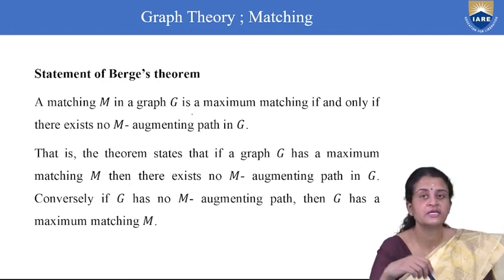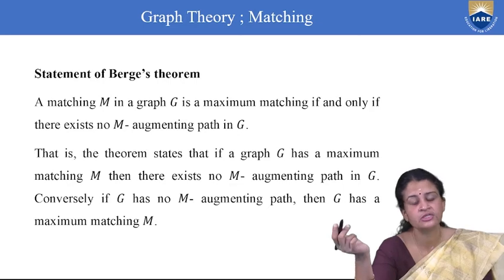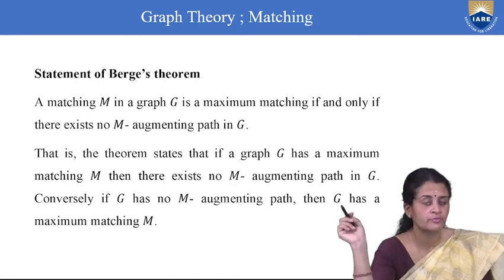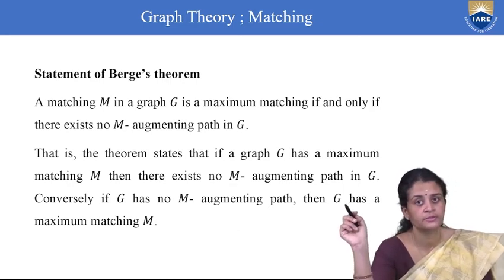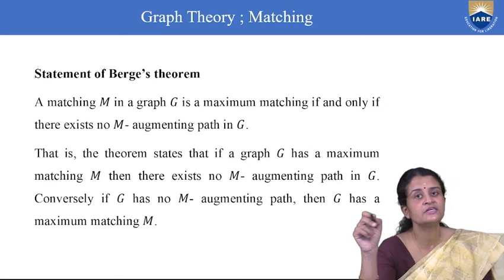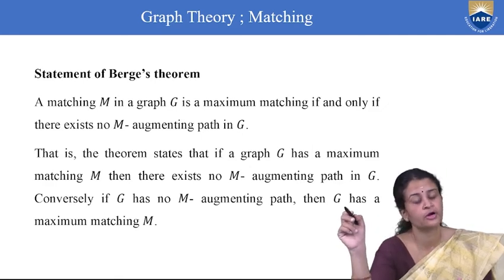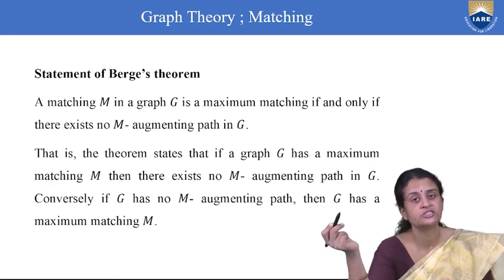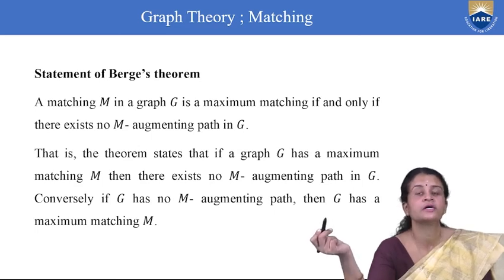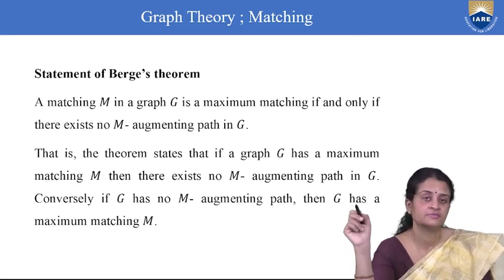The theorem states that if G has a maximum matching M, then there exists no M-augmenting path, and conversely, if G has no M-augmenting path, then M is a maximum matching.